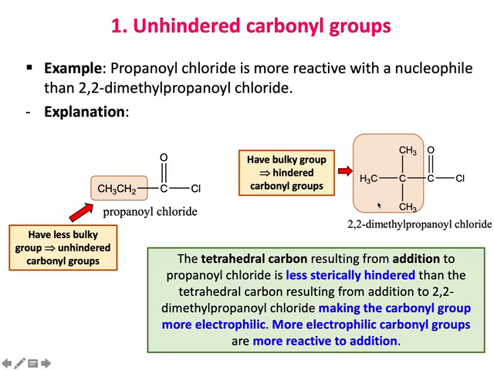If it is bulky, it is very difficult for a nucleophile to attack. For this C double bond O, compared to this one, it is much easier for the nucleophile to attack because it is less hindered, or less bulky.